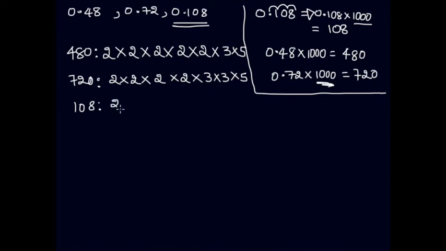108, again 2 gives us 54. 54 by 2 is 27. 27 divided by 3 is 9. 9 divided by 3 is 3. 3 divided by 3 gives us 1. So, what is HCF?